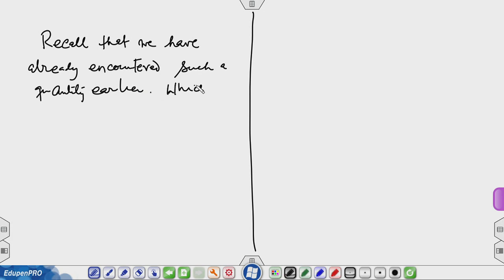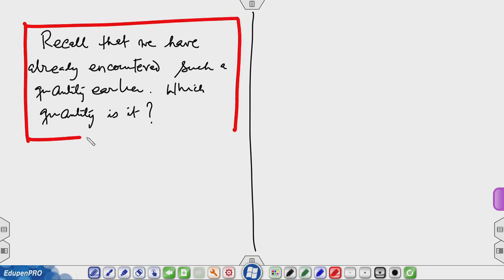Which quantity is it? Well, of course, later in the lecture you will see what this quantity is, but I want you to think at this point as to what quantity we are talking about.